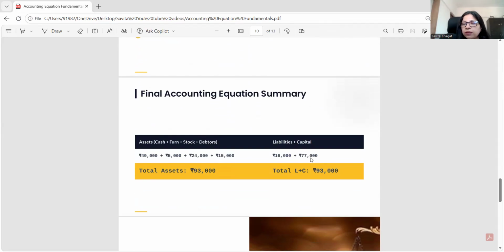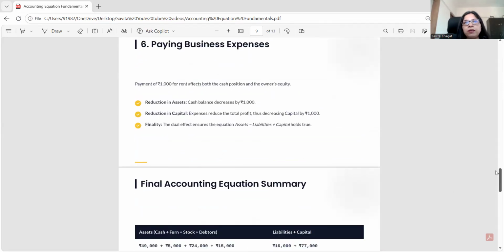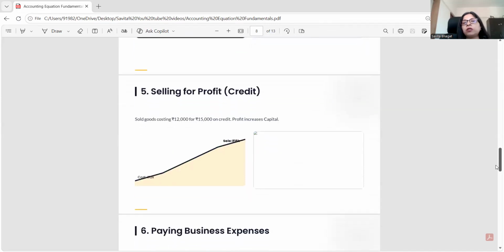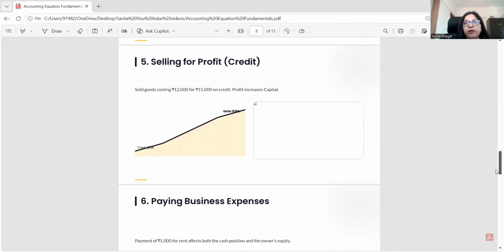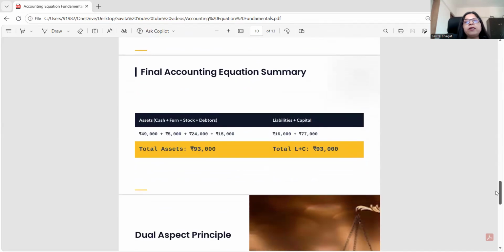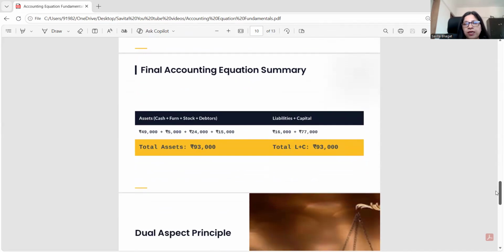Why 2,000? Because earlier he made a profit of 3,000. He sold goods worth 12,000 for 15,000, so he made a profit of 3,000. However, he also incurred business expenses of rupees 1,000. So the net impact was 2,000 rupees. These 2,000 were added to the capital of the organization.